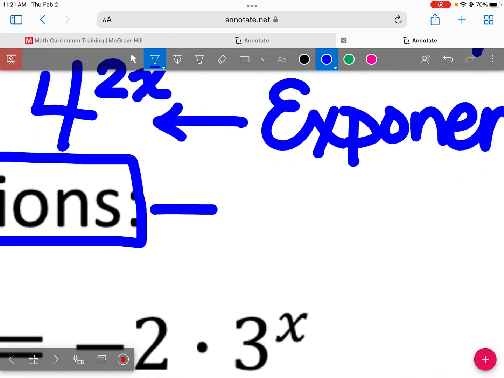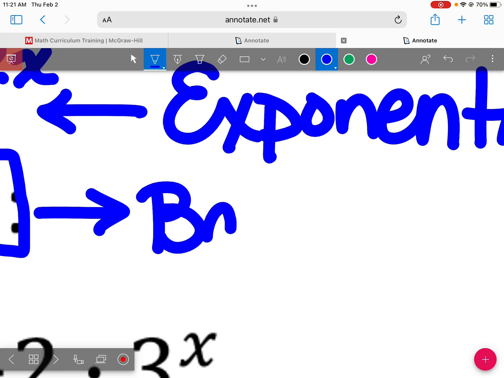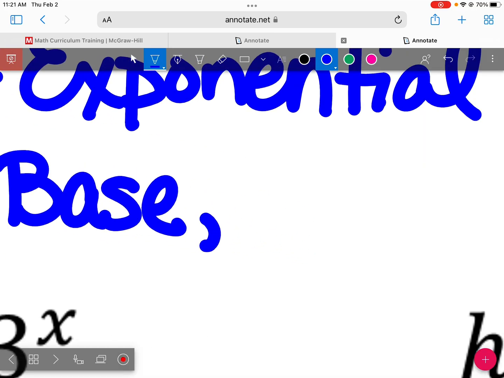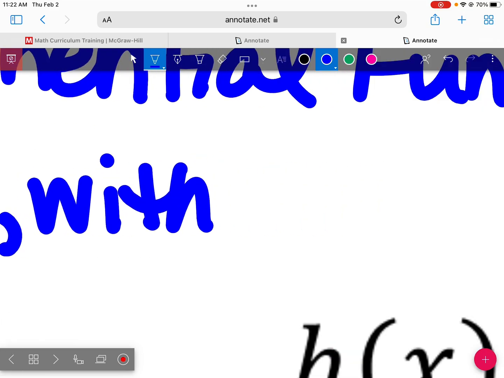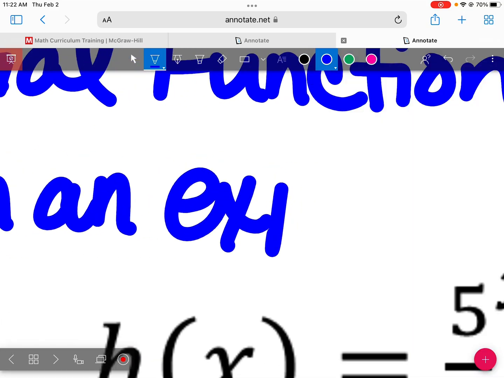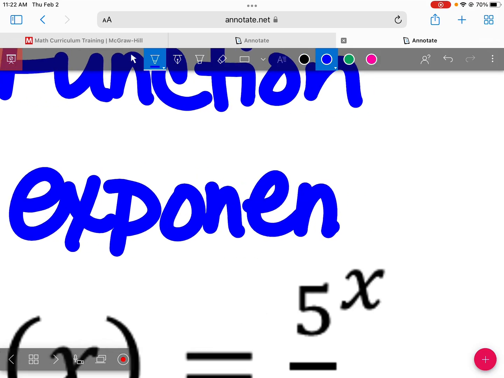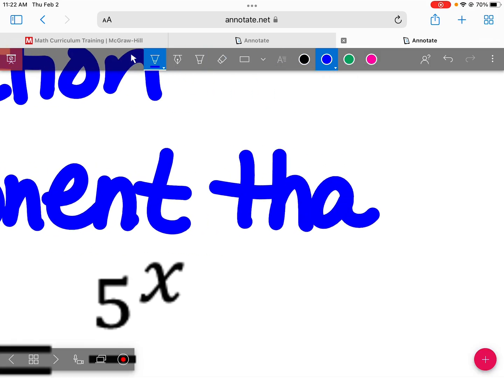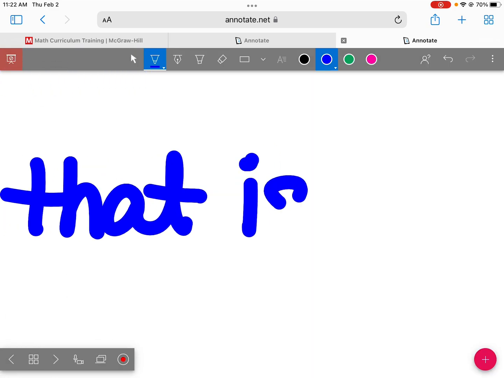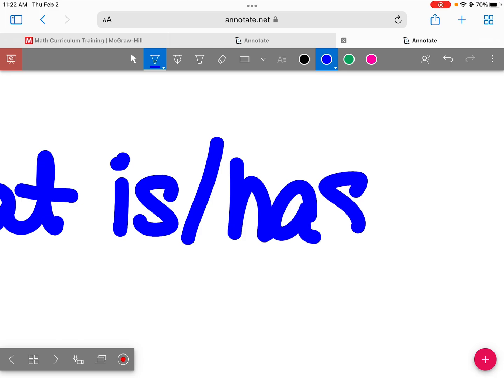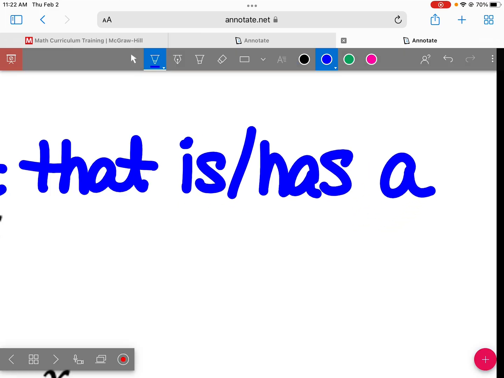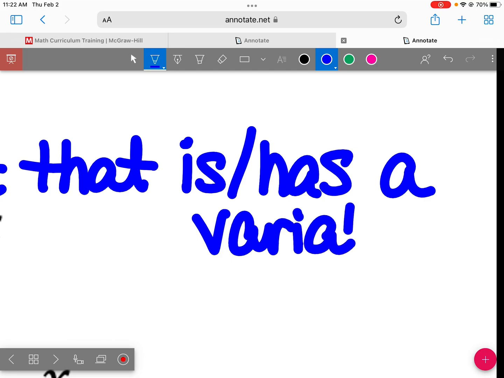In order for it to be an exponential function, there has to be a base with an exponent that either is or has a variable. If the exponent does not have a variable with it or in it, then it's exponential, but it's not an exponential function. Do you guys understand the difference between those two?